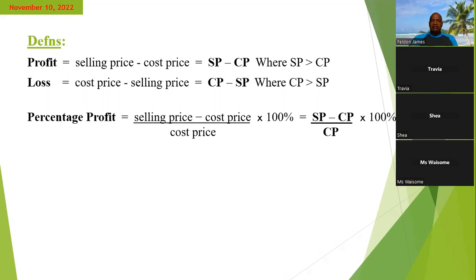If you subtract your cost price from your selling price, that's your profit, then it means that your selling price minus cost price is actually the profit over the cost price times 100%. And remember now, when we are converting any fraction to percentage, we just simply multiply it by 100.